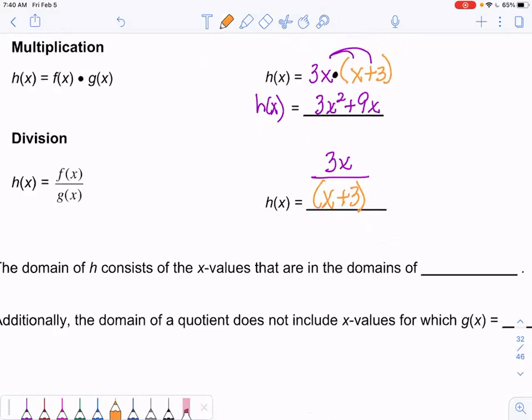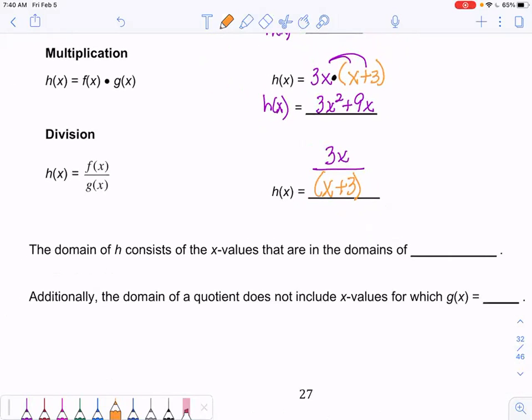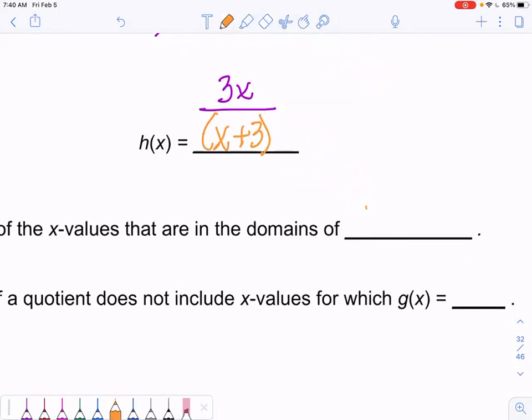So before we move to the next slide, I said we were going to be talking about domain. It says the domain of h, which is our new function. So the domain of the new function consists of all of the x values that are in the domains of the original functions, f of x and g of x.